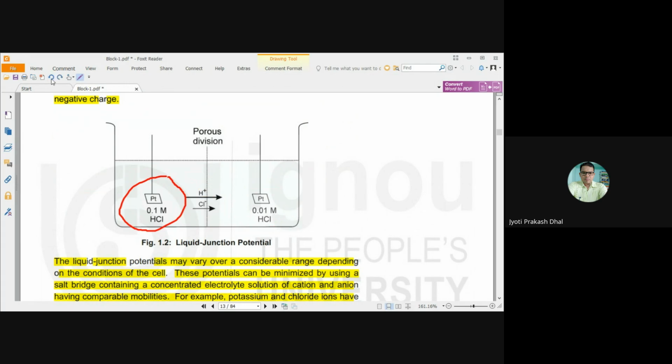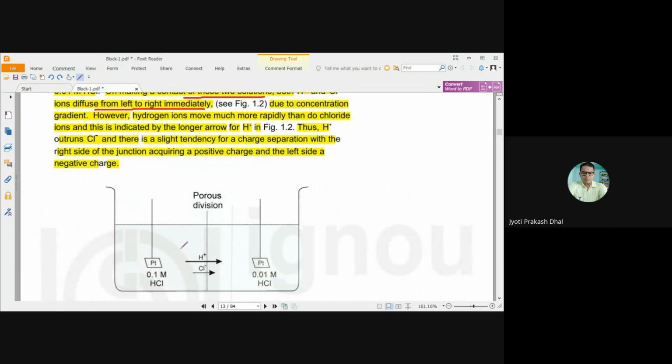Both the ions are diffusing from the highly concentrated region to the low concentration region through the porous division, but the H plus ions are diffusing at a higher rate compared to the Cl minus ions, that is shown by the larger arrow for H plus ions and the smaller arrow for Cl minus ions.